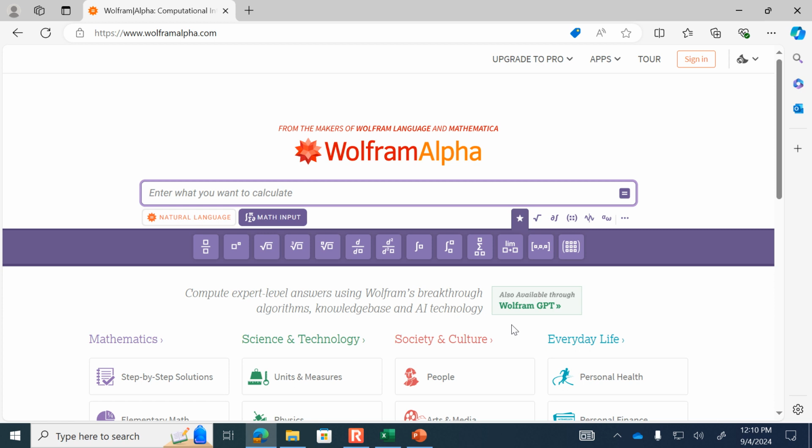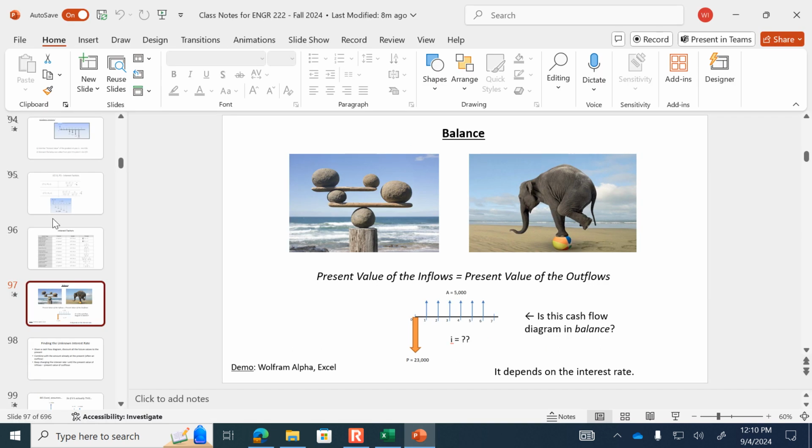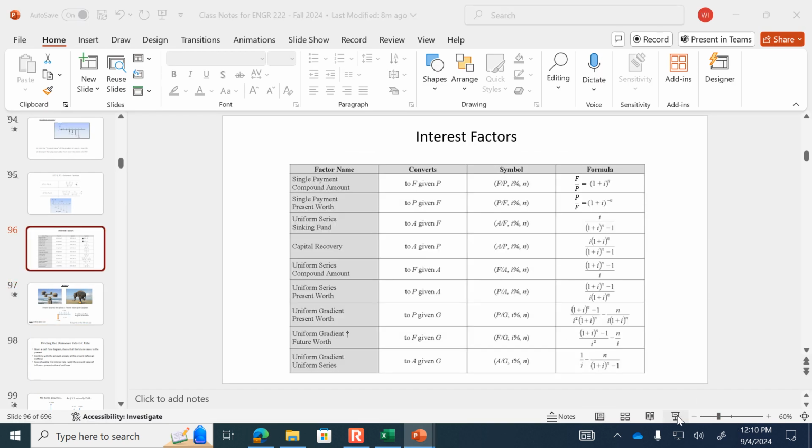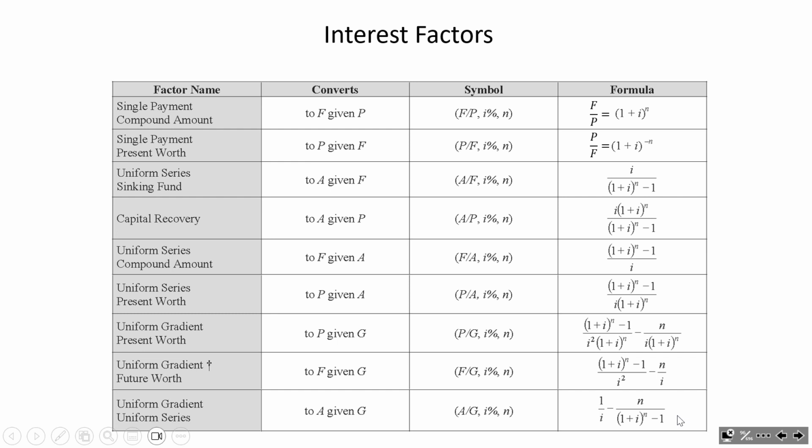What we're going to put into Wolfram Alpha is the P divided by A formula. So from the equations here, what is the formula for P divided by A? It is P divided by A is (1 plus i)^n minus 1, divided by i times (1 plus i)^n.